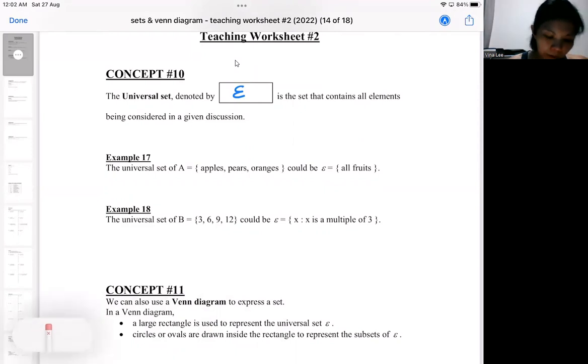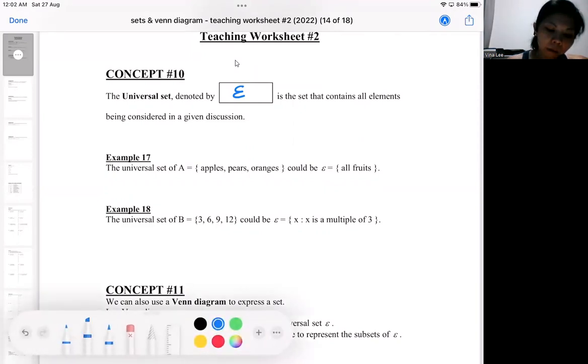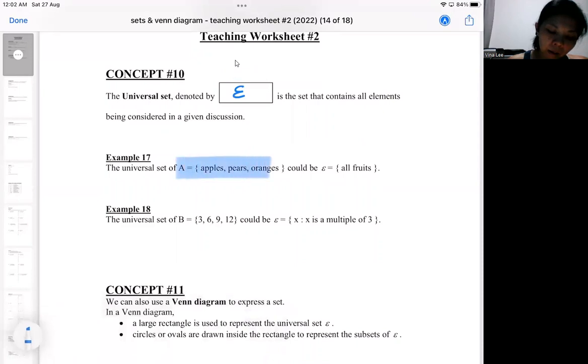So for example, in example 17, this is a set that contains apples, pears, and oranges. If I'm going to use a universal set, that means it is all fruits, a variety of fruits.